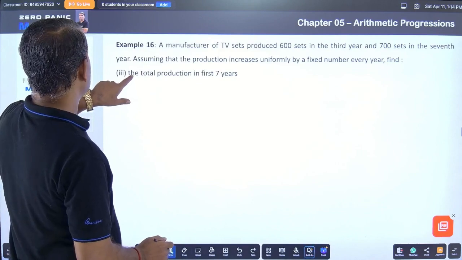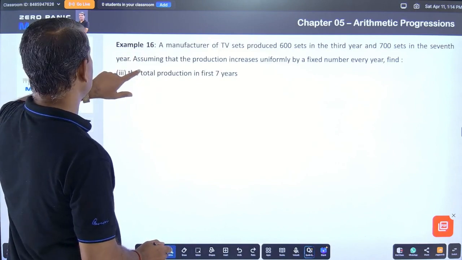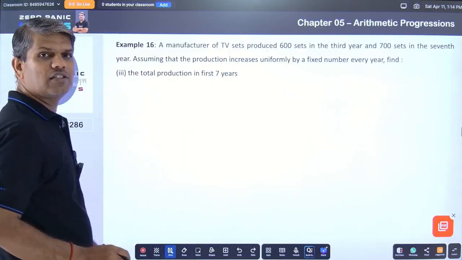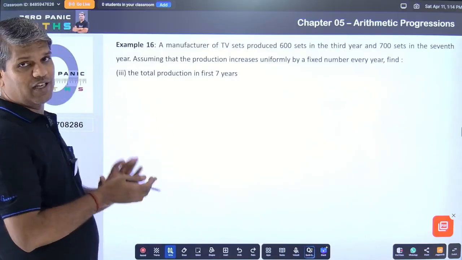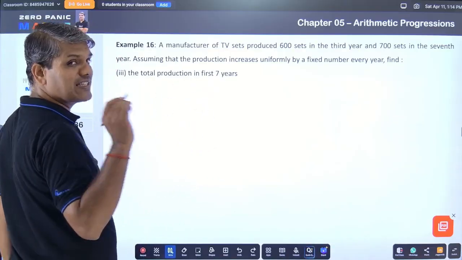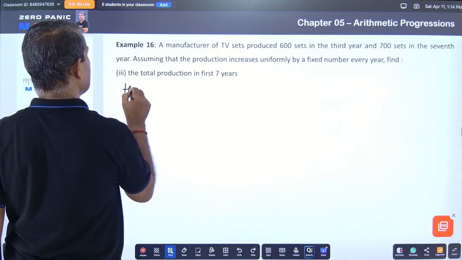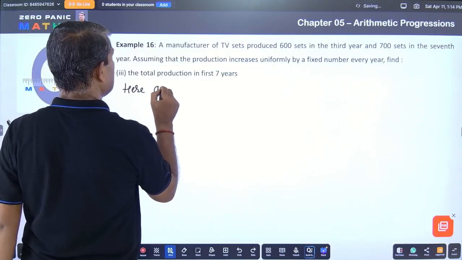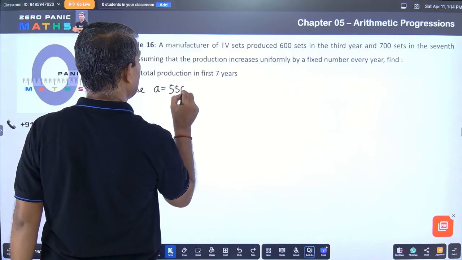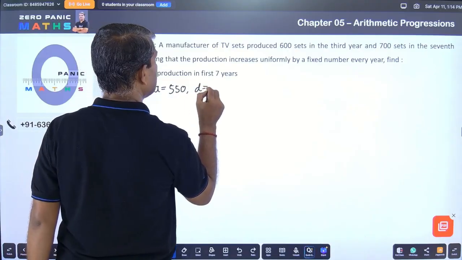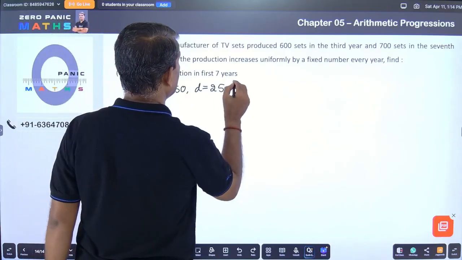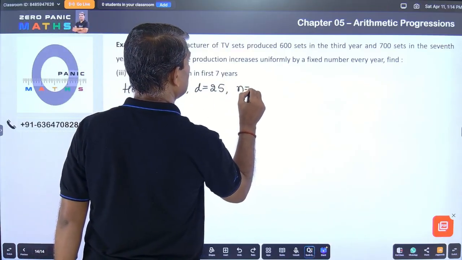This is the third sub-problem of example 16. They ask for the total production in the first 7 years, so they are asking for the sum. Total production means sum. First 7 years means S7. Remember this. Here A is 550, which we have already derived, and d is 25. 7 years means n is equal to 7.